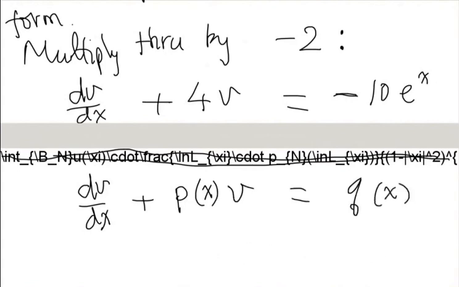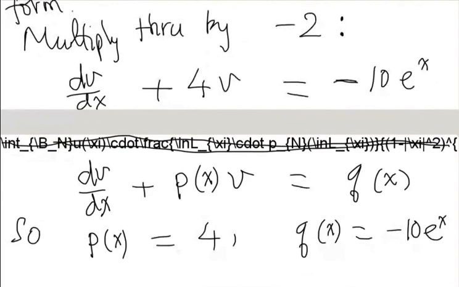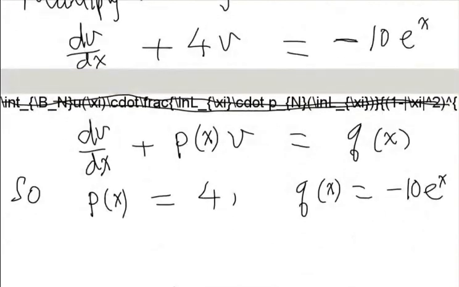So p(x) is 4 and q(x) is minus 10 e to the x. Now this is from the previous topic, so you should be able to solve for v from here. You might pause the video and try to solve it yourself.